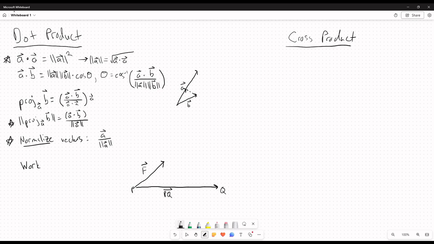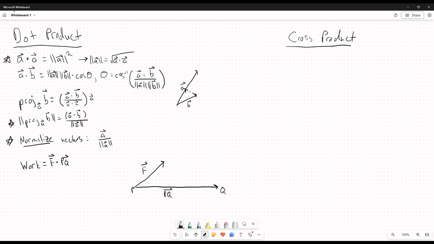And since the projection is involved, that might key us in that we're going to have a dot product. What it turns out is that the work is going to be equal to a value given by the force vector dotted with the displacement vector. And that's going to be something that we will see a lot, especially near the end of the semester.